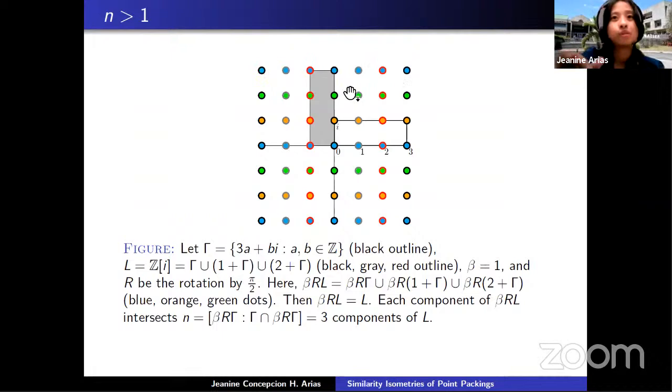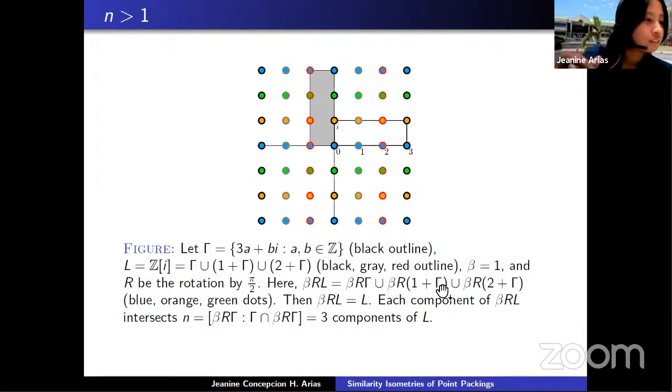So gamma will go to beta R gamma, the blue dots. Then 1 plus gamma, the gray outline dots, will go to the orange dots, that's beta R of 1 plus gamma. And the red outline dots, 2 plus gamma, will go to the green dots. Those are the components of your beta RL.